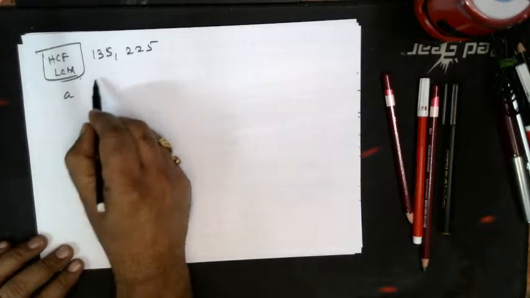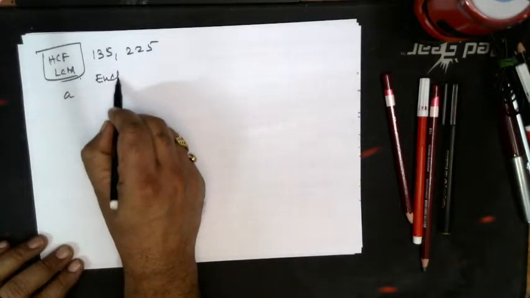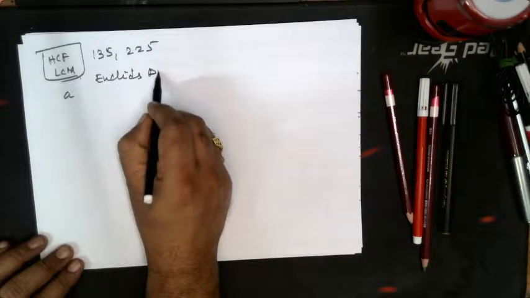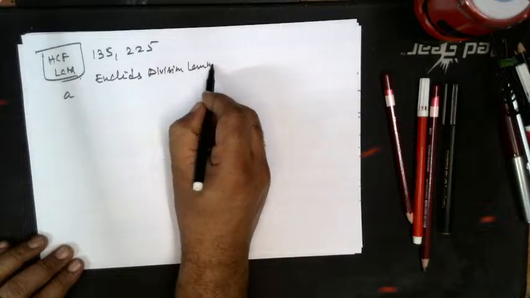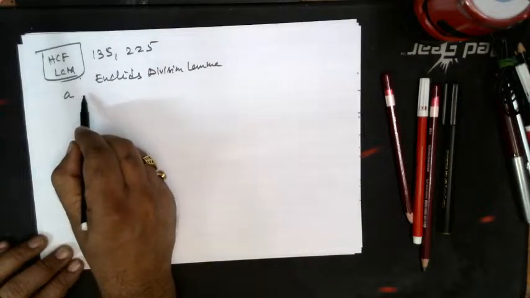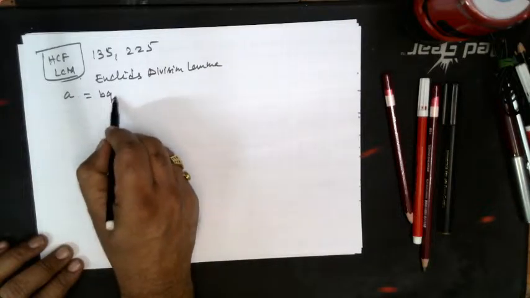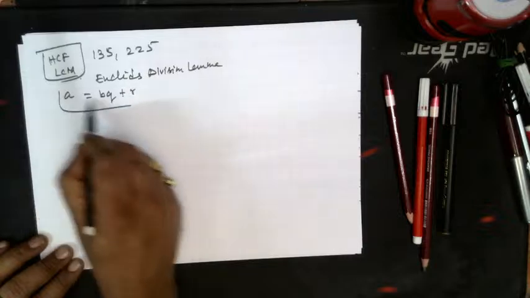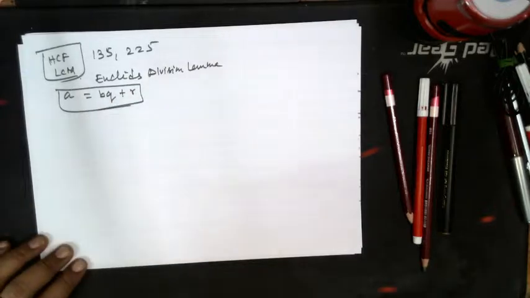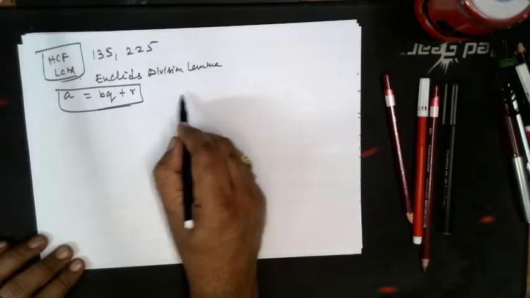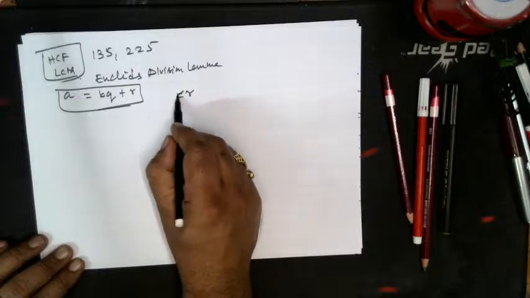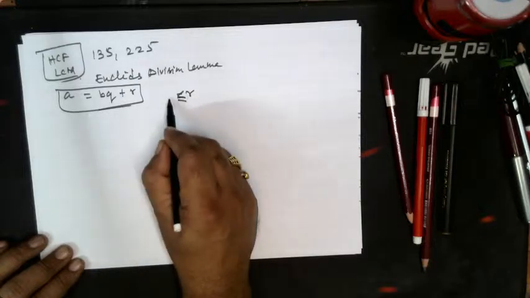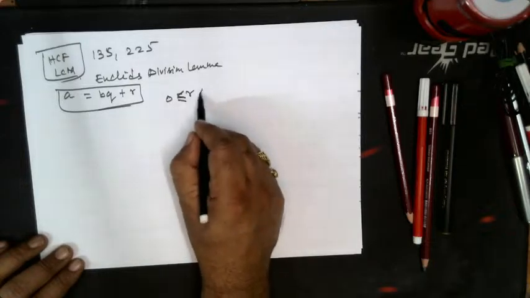A is equal to BQ plus R, where R is greater than or equal to 0 and less than B.